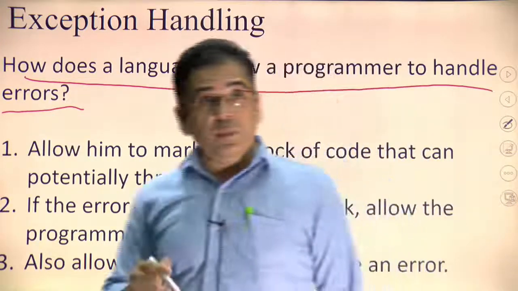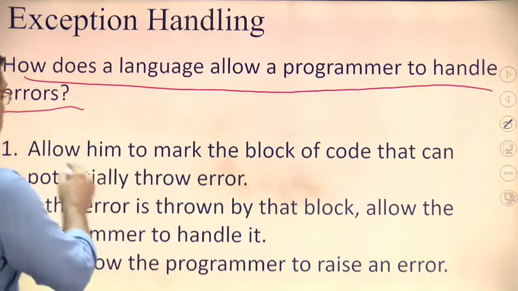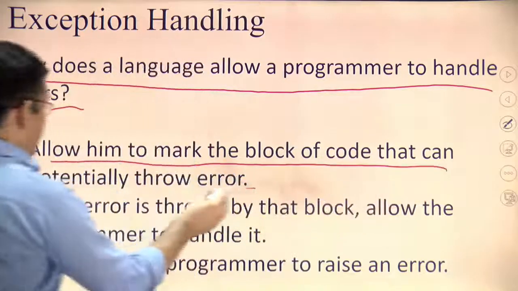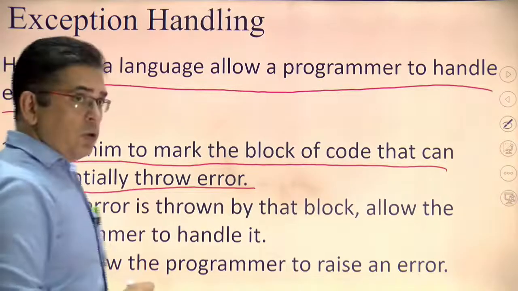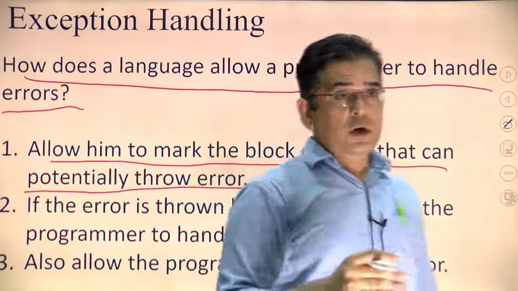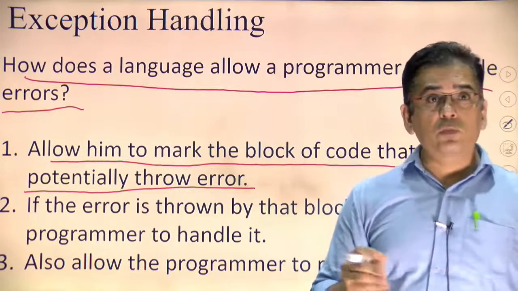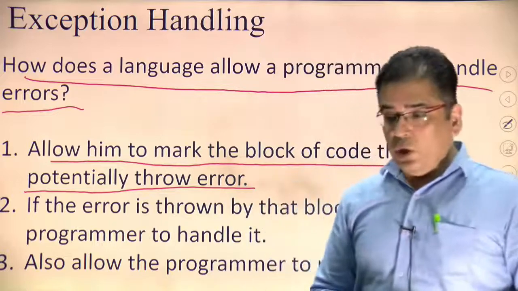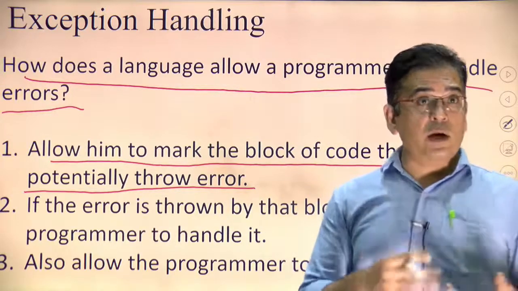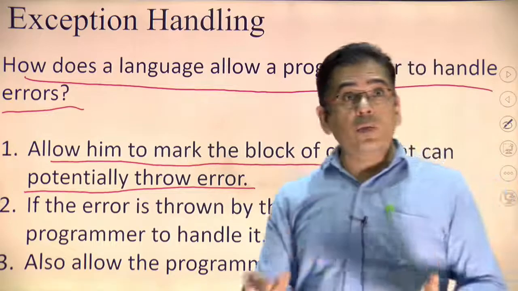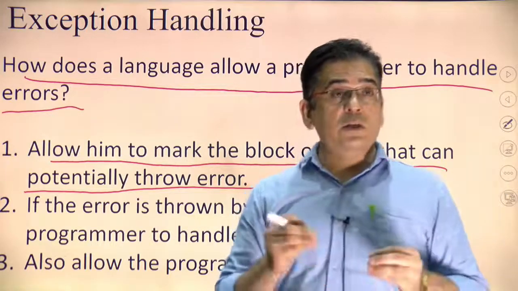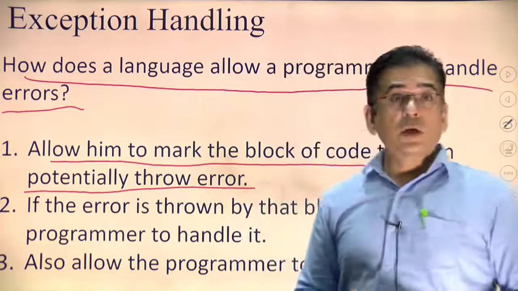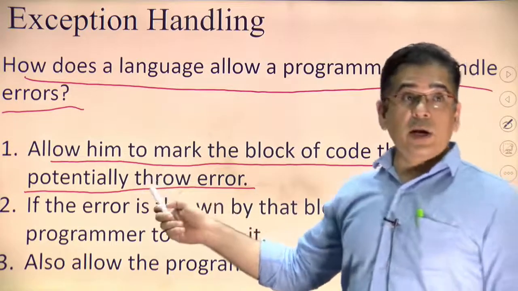Number one, any programming language allows the programmer to mark the block of code that can potentially throw an error. So first of all, it allows the programmer to mark the block of code which is suspicious. You can say there are some chances of an error occurring at runtime. The error may or may not come, but that is suspicious code. When you are executing that code, there are chances of an error being thrown.